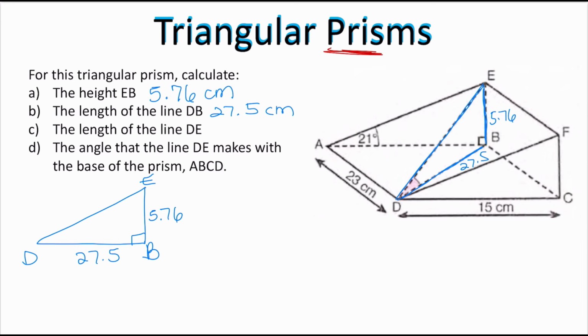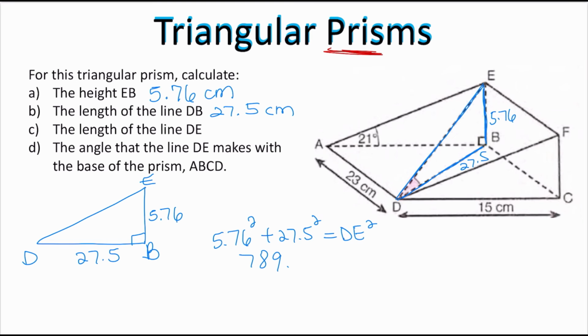Notice, here again we have a clear classic case of the Pythagorean Theorem, where 5.76 squared plus 27.5 squared is going to equal DE squared. Take the calculator, do 5.76 squared plus 27.5 squared.